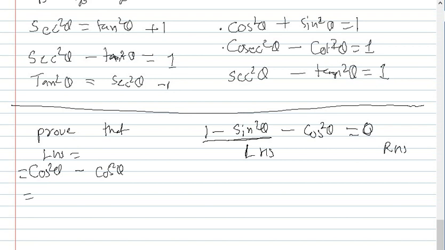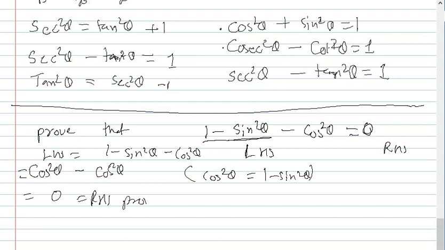LHS: 1 minus sin square theta minus cos square theta. What we have done is written cos square theta is equal to 1 minus sin square theta. This becomes 0 is equal to RHS, proved.